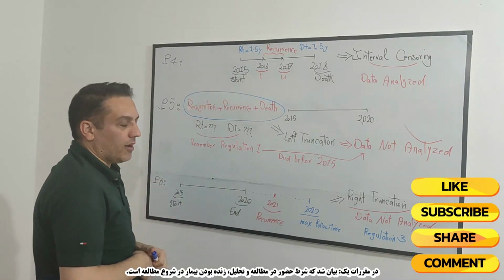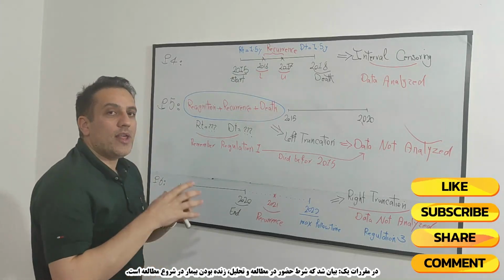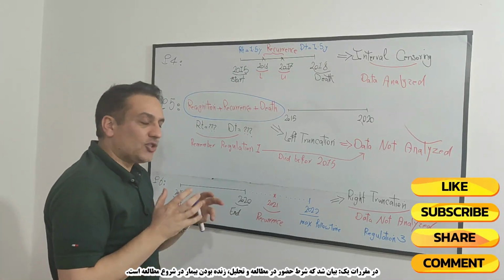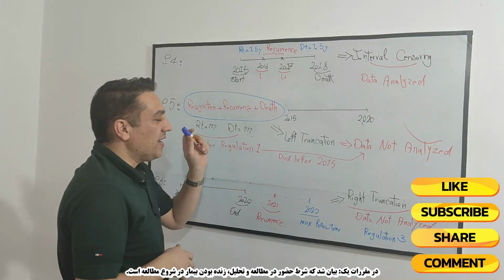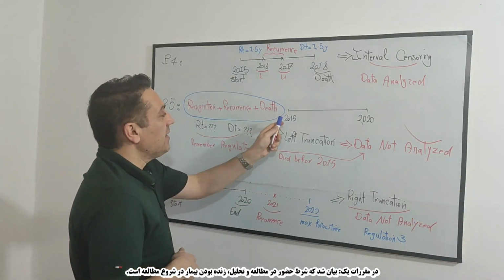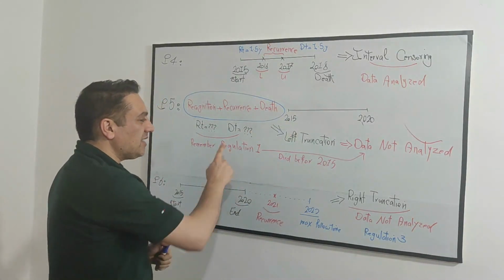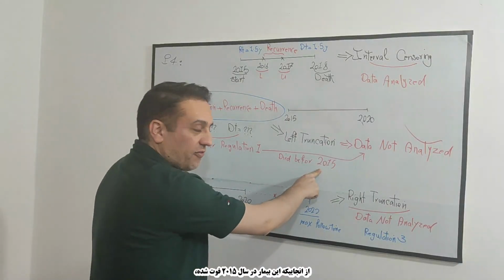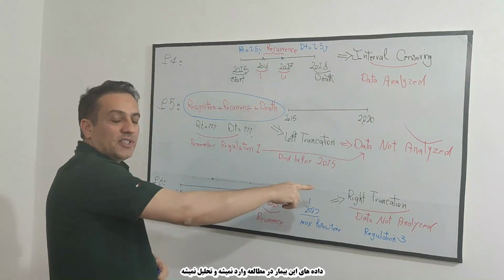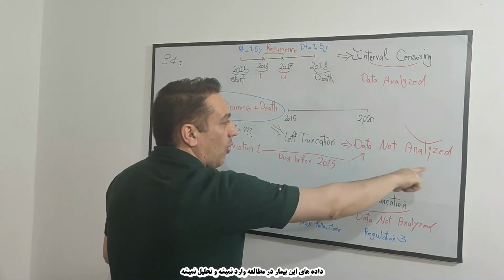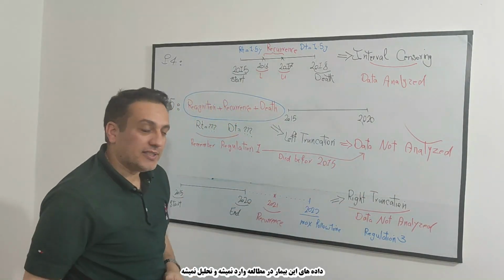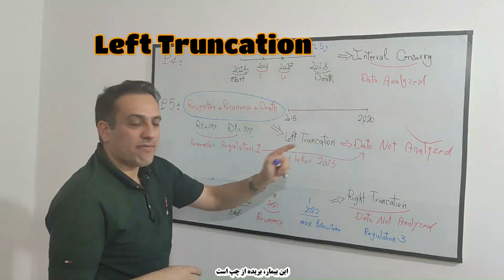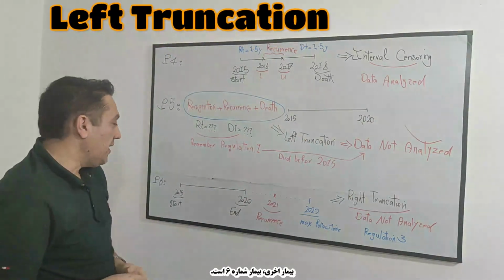Remember regulation 1, which said that only patients alive in 2015 are incorporated in the study. Since this patient died before 2015, data of this patient is not analyzed and not incorporated in the study, and this patient has left truncation.